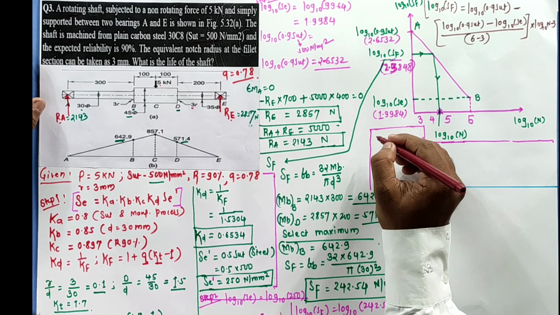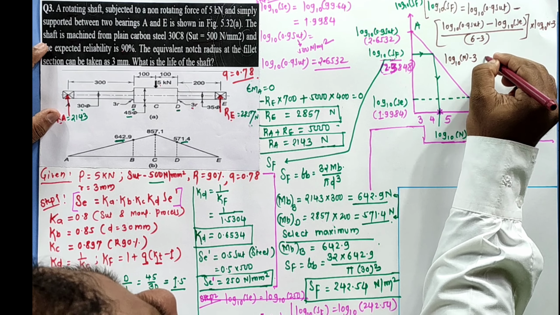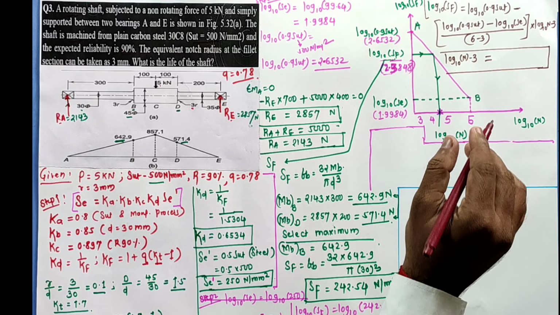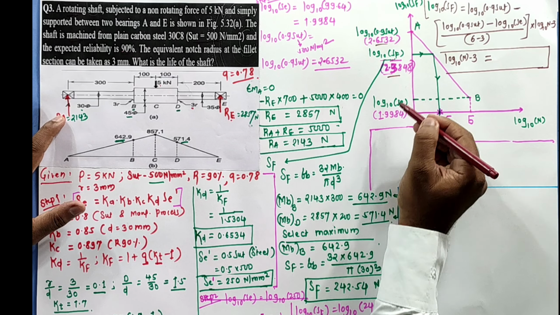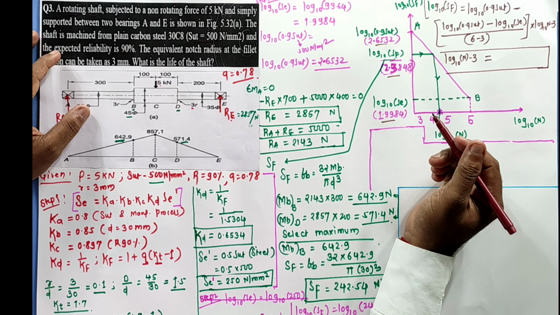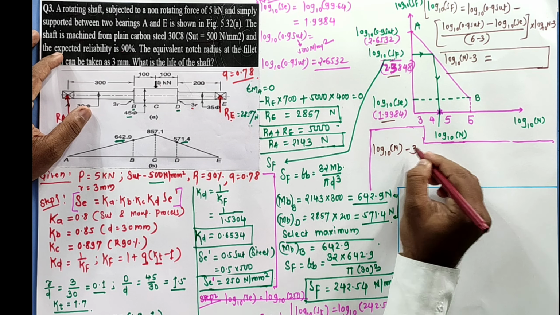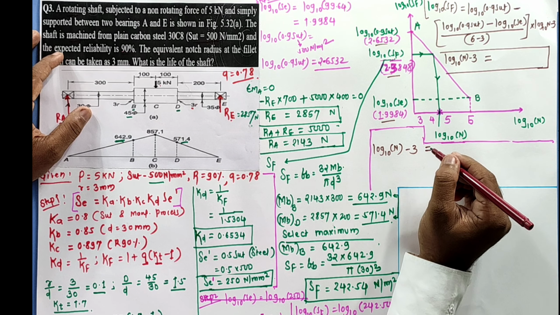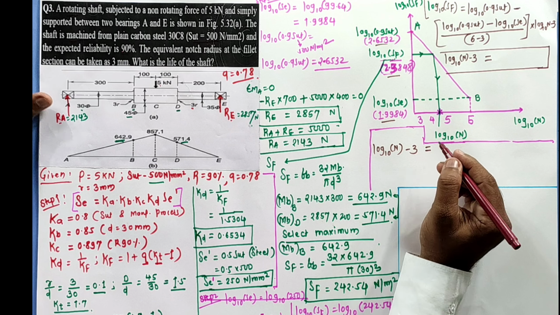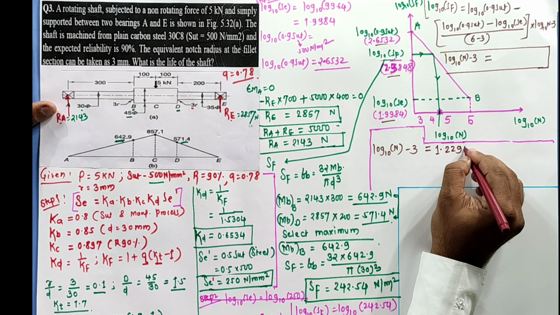Therefore I'll write log base 10 of n minus 3 is equal to, correct? By putting all the values we know, that is 2.65, 2.3438, 1.99. So log of n minus 3 is equal to 1.2297.